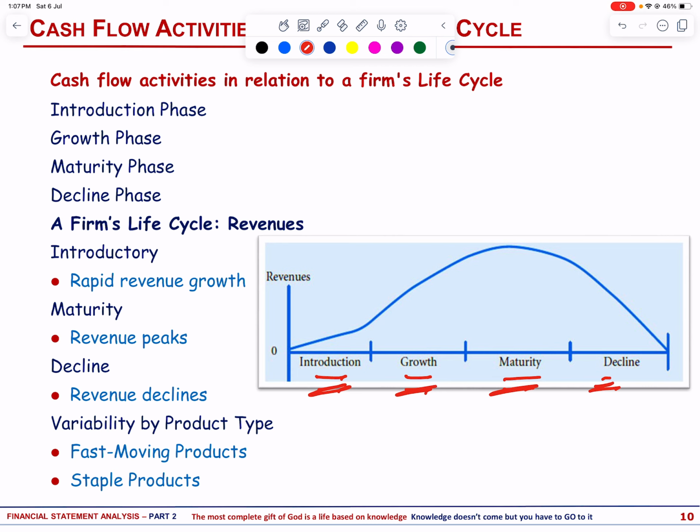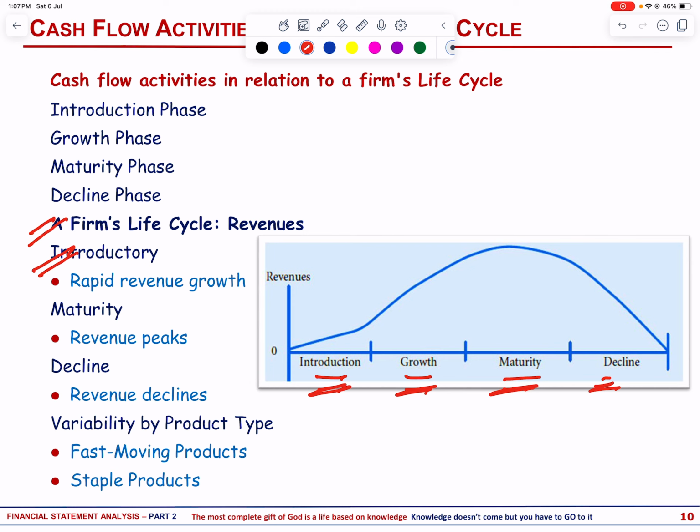Let us look into the pattern of revenue in the four phases of a firm's life cycle. Now, the introductory or the growth stage being the initial phase, it is marked by rapid revenue increase as the product gains market acceptance.